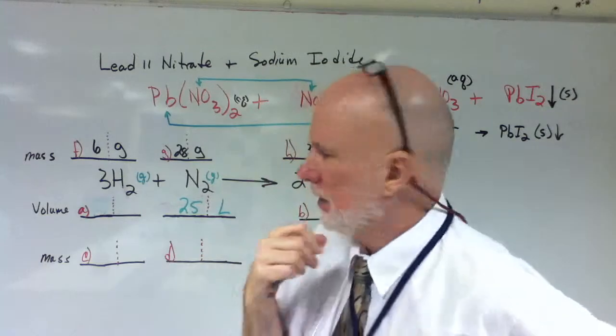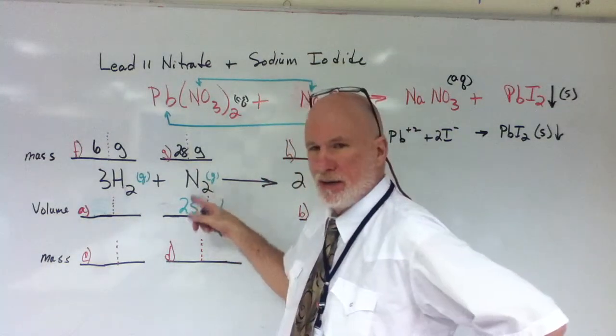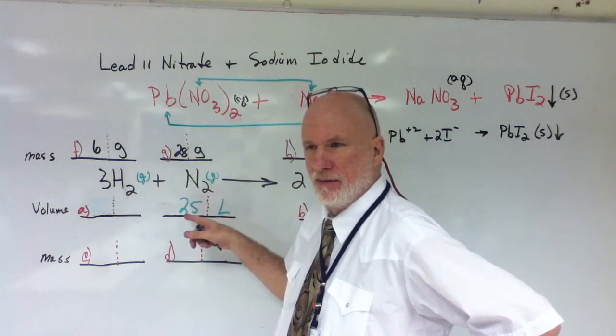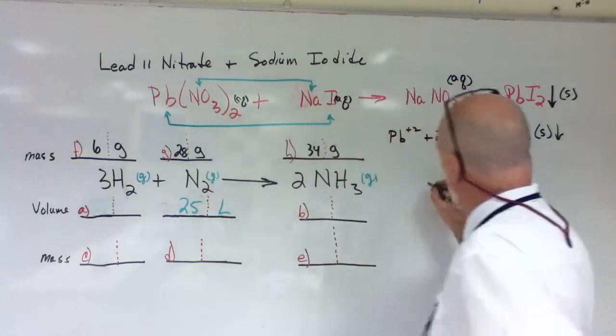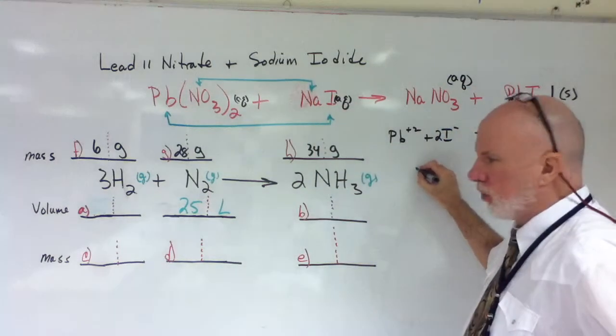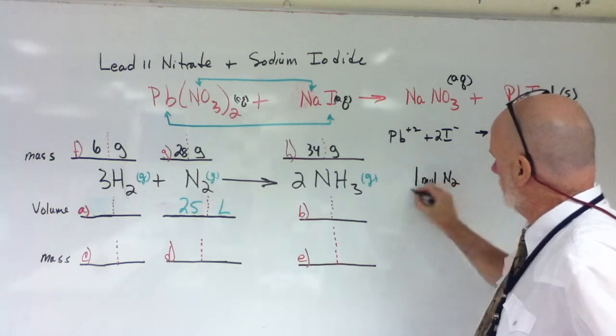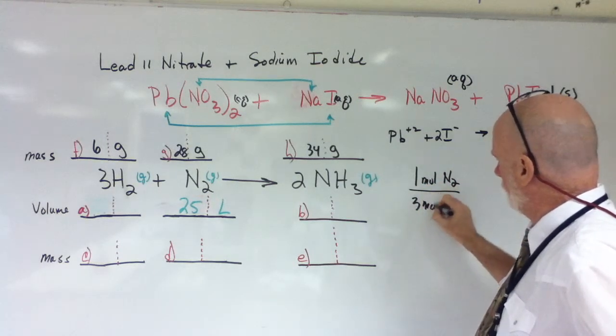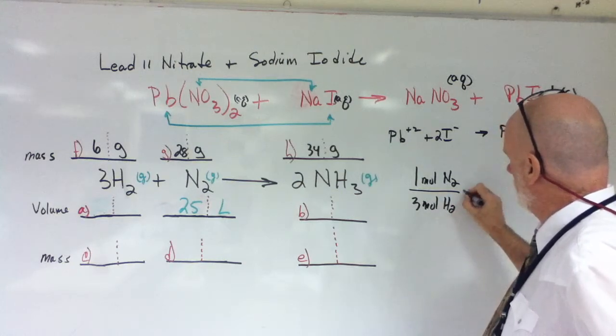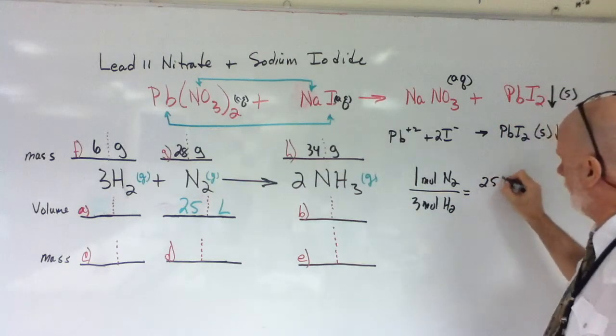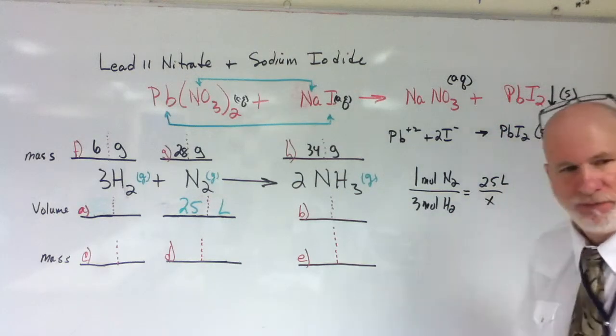All right. Well, this is 1 mole of that. And what's the rule? I have 1 mole of nitrogen over 3 moles of hydrogen. And that's 25 liters. What's X?